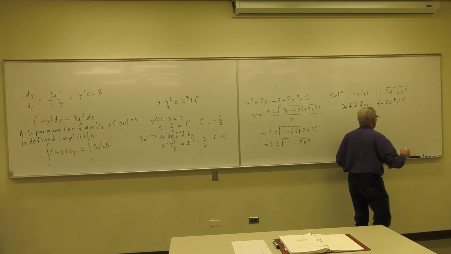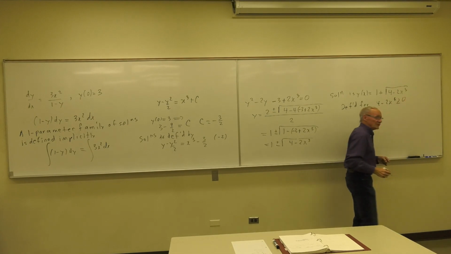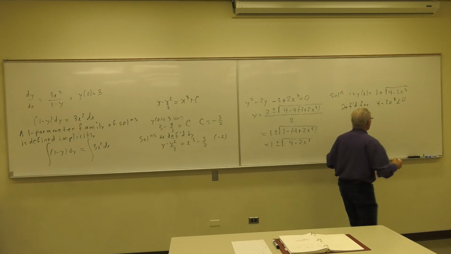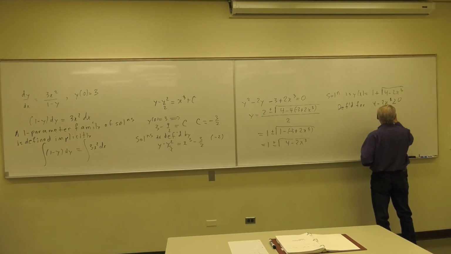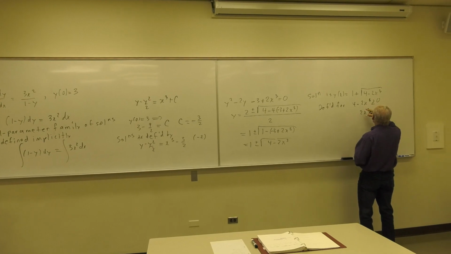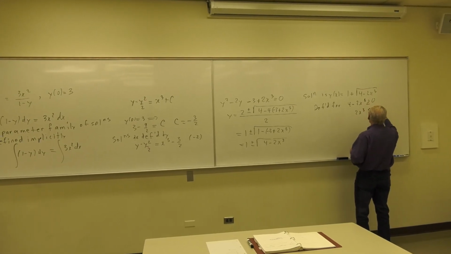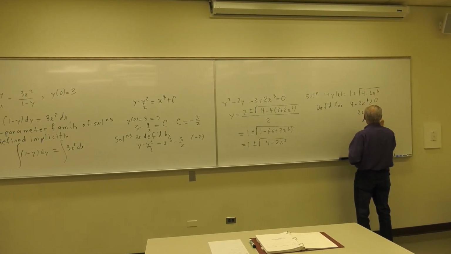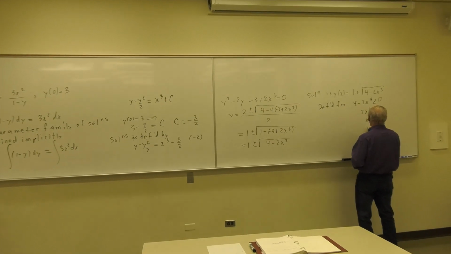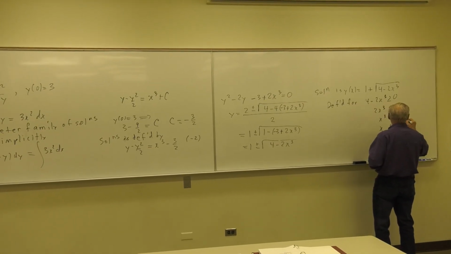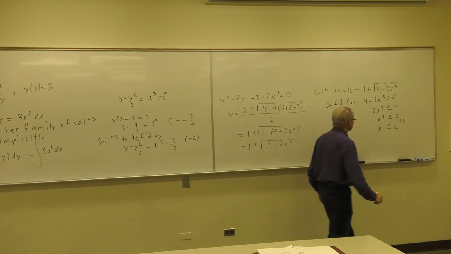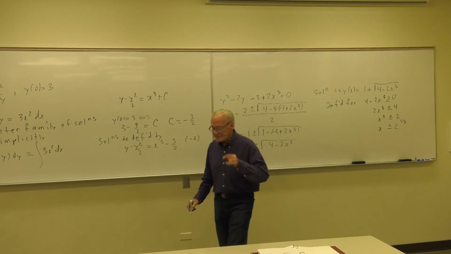You could also have it greater than or equal to 0, it would be defined. And that would mean then that 2x cubed, if we take that over there, is less than or equal to 4. x cubed less than or equal to 2, and therefore x less than or equal to 2 to the 1/3. Is that the answer?